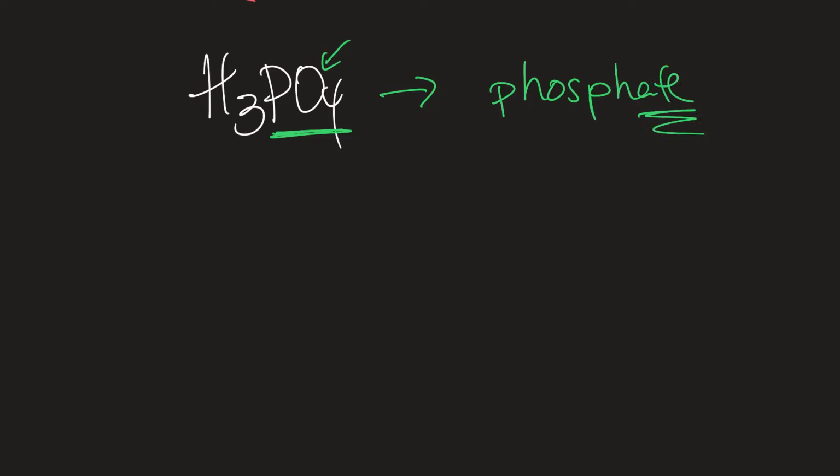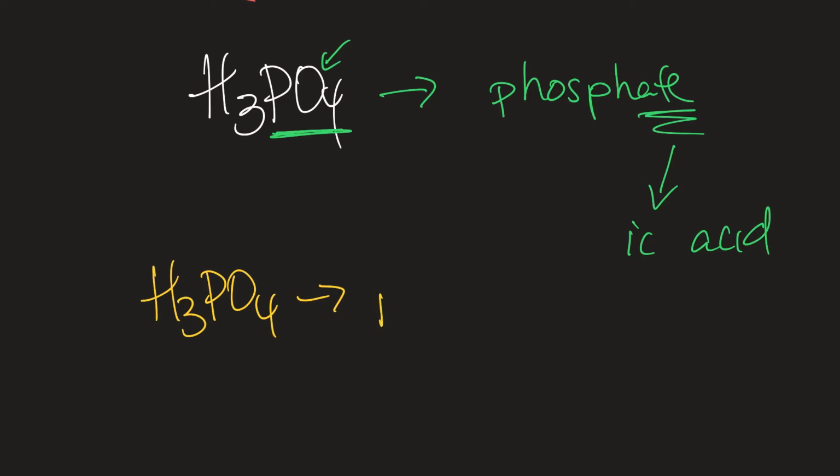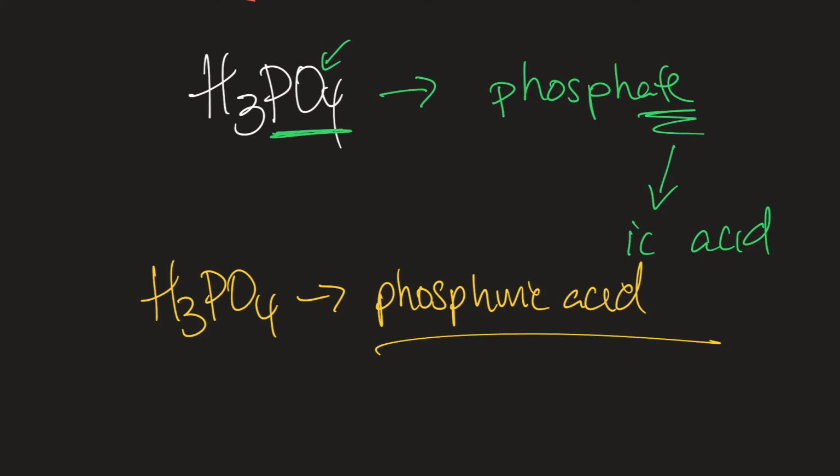Because it ends with ate, we'll change this to ic acid. So what we have at the end is H3PO4, and the name of this is phosphoric acid. That's how you basically name oxyacids.